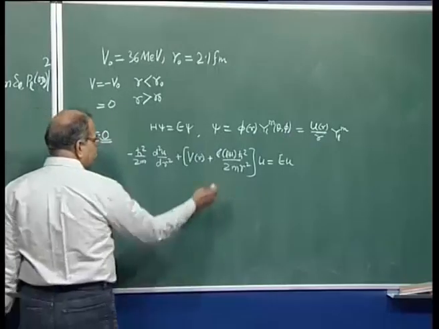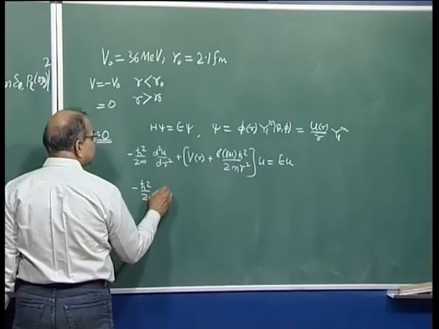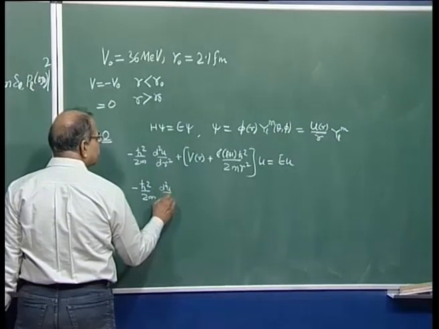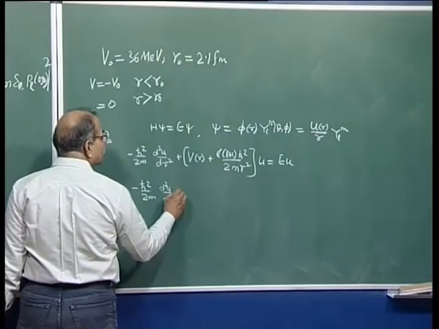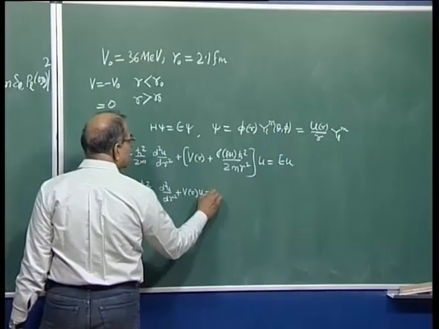And then L is 0, so it is minus h cross square by 2m d2u dr square plus V of r u is equal to E u.